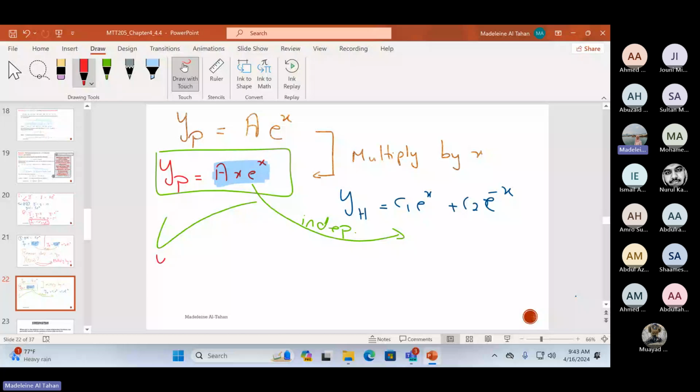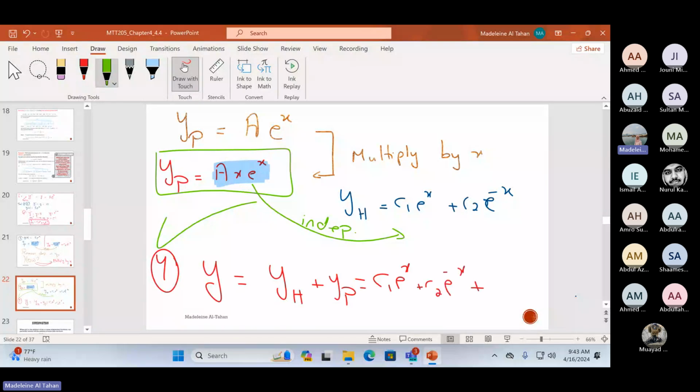So what's our YP, the one that is accepted? If we want to find A, we will substitute. And if we don't want to find A, I will let you know in the exam. Y will be YH plus YP, which is C1 e^x plus C2 e^(-x), plus the particular solution, which is A x e^x.